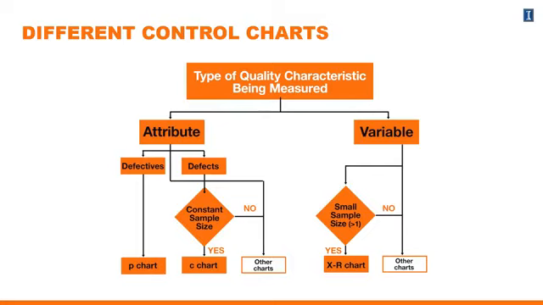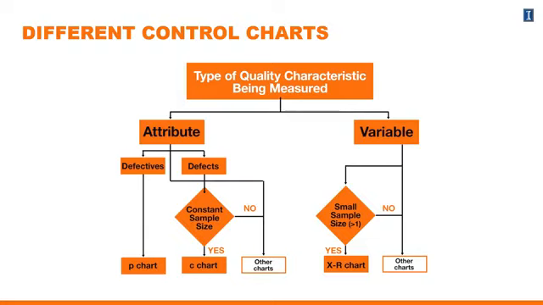So like I said, there are many types of control charts that you can use. Within the attribute type of control charts, you can have many different types of charts. What you're seeing over here is that the P chart is the one for if you're looking at proportion defective.